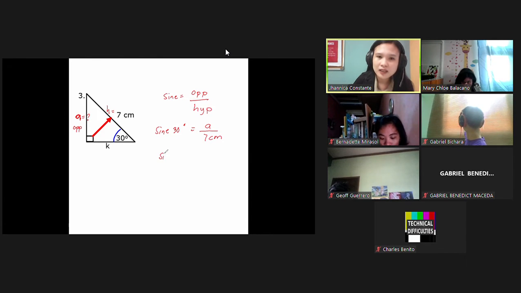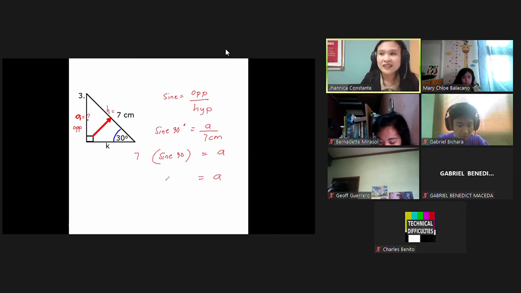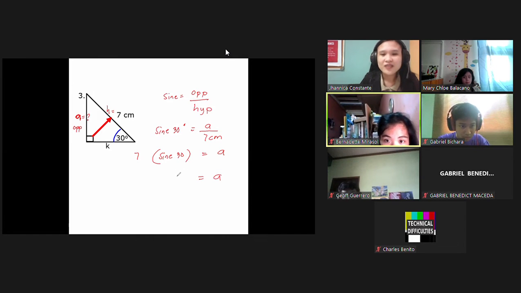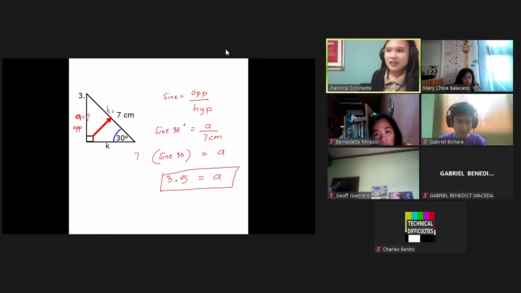So sine 30 times 7 equals to the measurement of side A. Sine 30 times 7 is equal to 3.5. So that's the measurement of the side A that is opposite to our angle that has a measurement of 30 degrees.